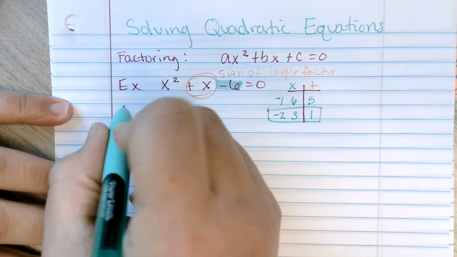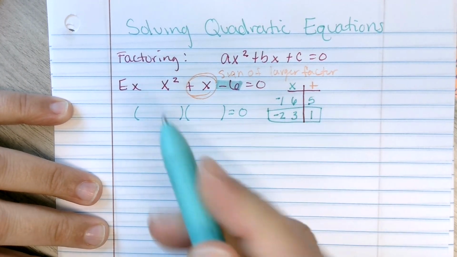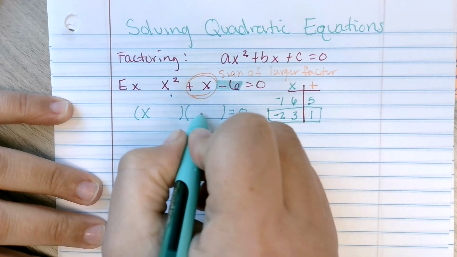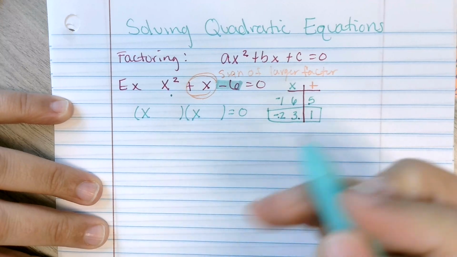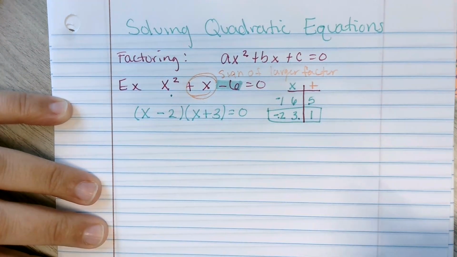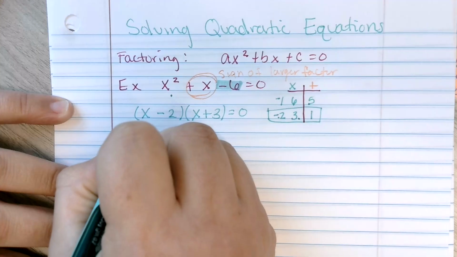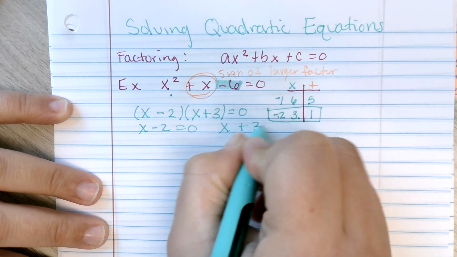The next step is to put them in factored form. Factored form means that you split this x, so x, x, and then each one of our multipliers go inside here, negative 2, positive 3. Okay, now we can use the zero factor theorem to say, well, that means x minus 2 equals 0 and x plus 3 equals 0.